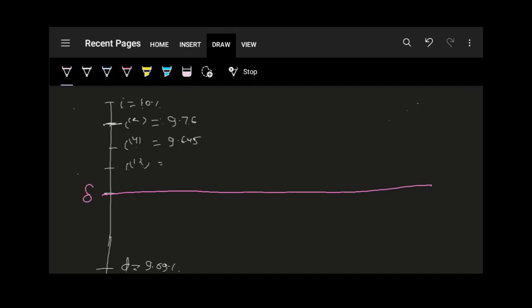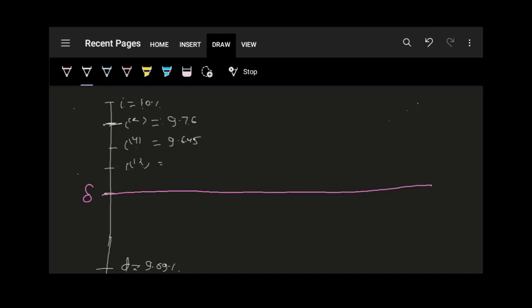One thing that you might know from the earlier videos is that the effective interest rate I is always bigger than the nominal interest rate, because I covers the effect of compounding, and similarly the effective discount rate D is always less than the nominal discount rate.